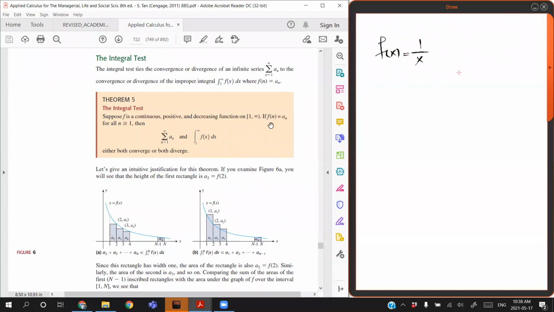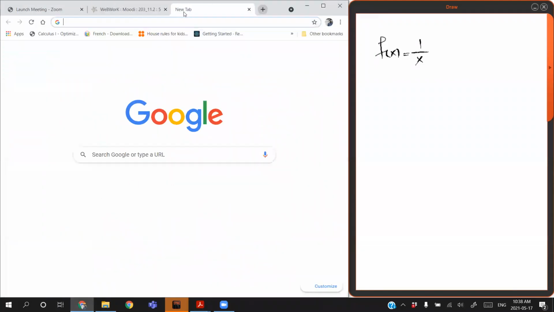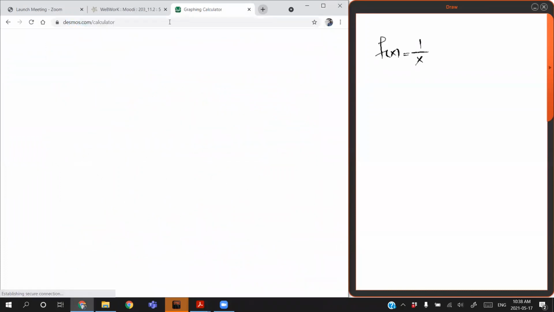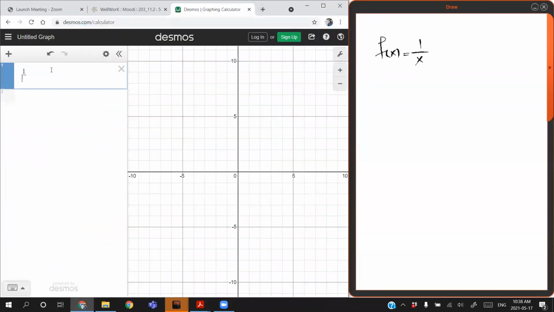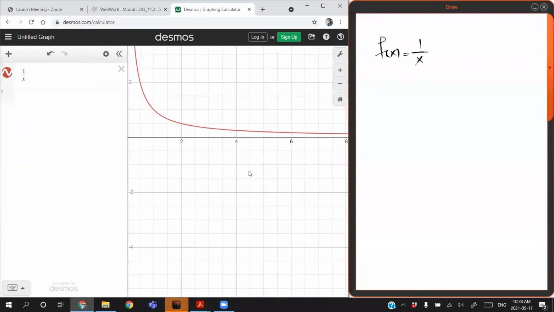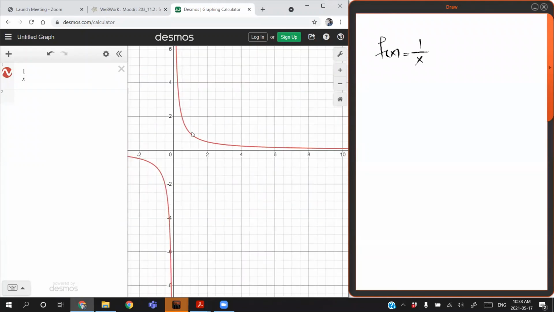If I graph this function, I'm going to show you the graph. One over x. So from here on, that is 1. This function passes through the point (1, 1).